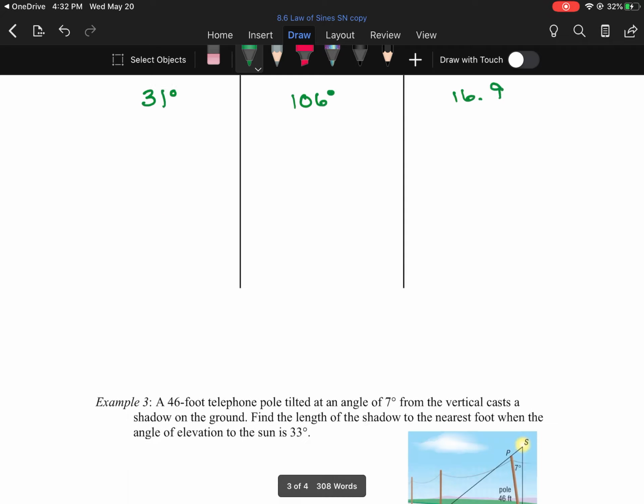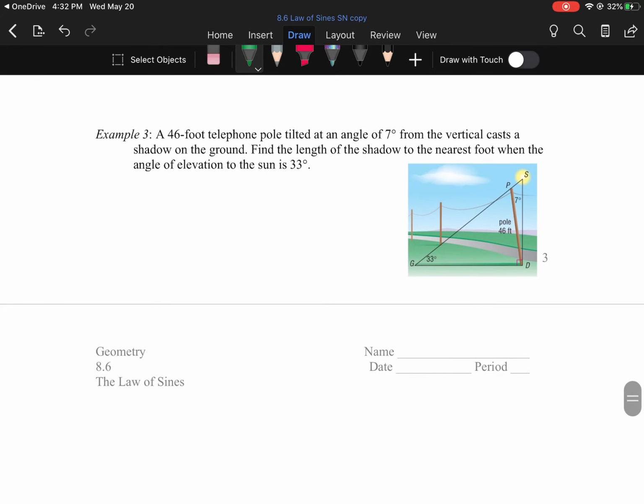All right, and now moving on to the fun math story problems, because who doesn't like a good story? So it says a 46-foot telephone pole tilted at an angle of 7 degrees from the vertical casts a shadow on the ground. Find the length of the shadow to the nearest foot where the angle of elevation to the sun is 33 degrees.